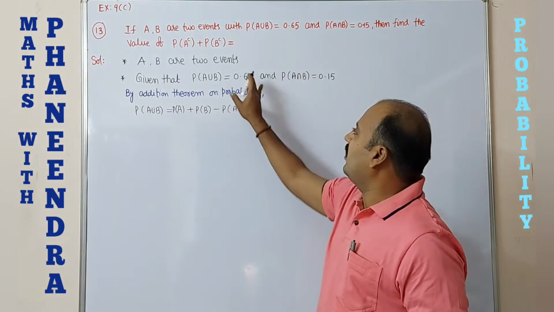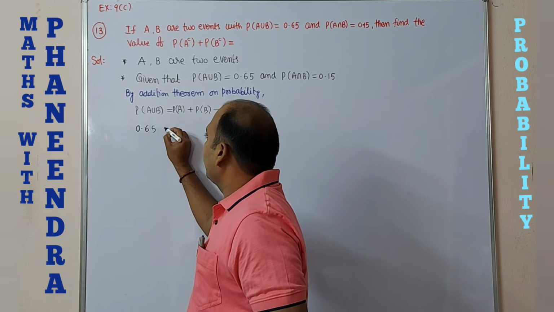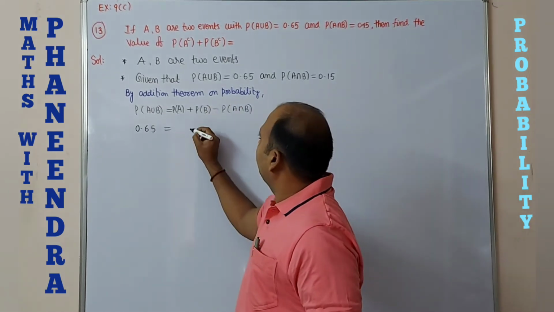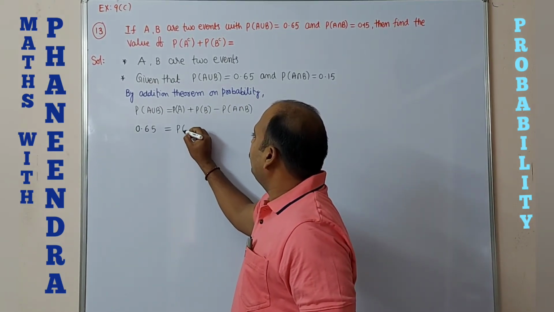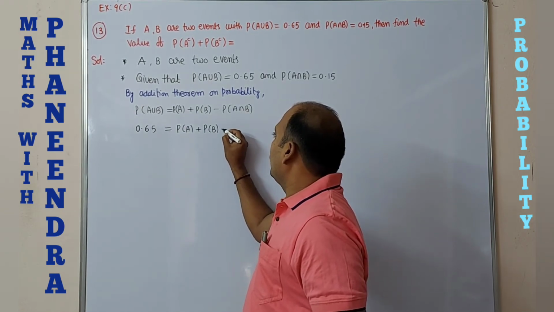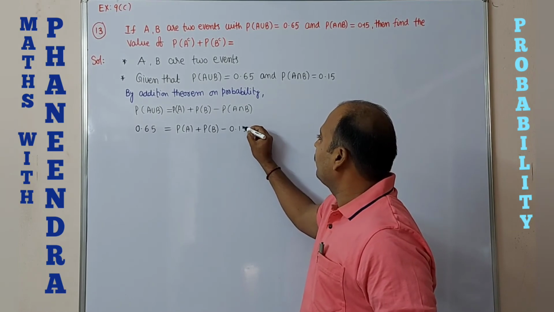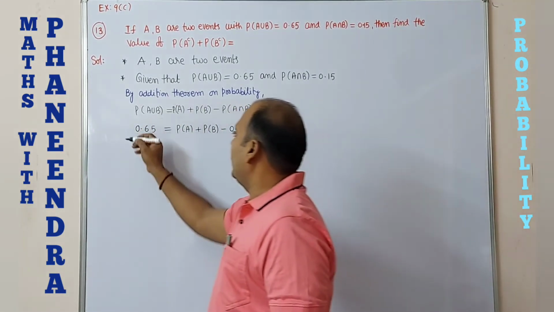P of A union B is 0.65. P of A value we don't know, plus P of B value also we don't know, minus P of A intersection B, 0.15. So minus 0.15 we can take to this side.